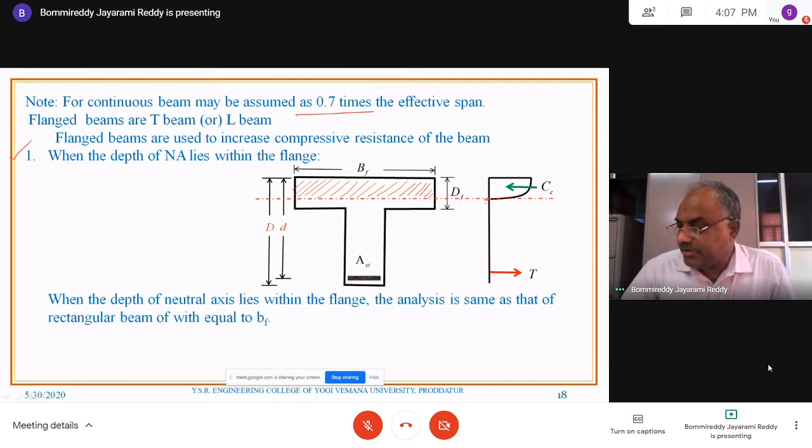How will it act when the steel is less and the contribution of the area of the concrete is very large? Then the neutral axis may fall in the flange itself.